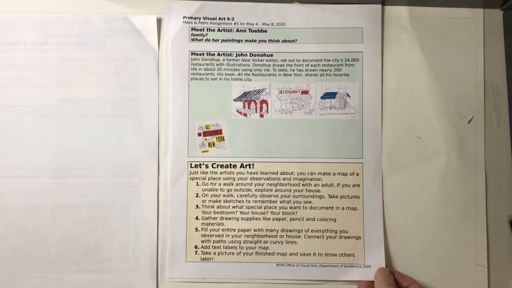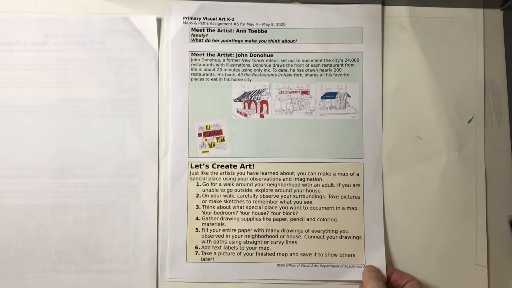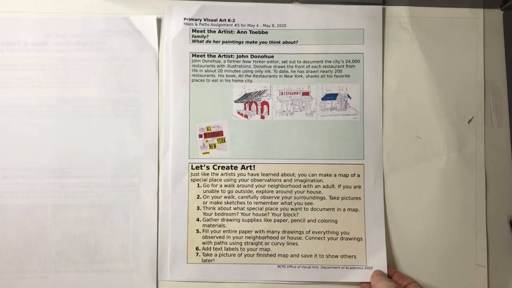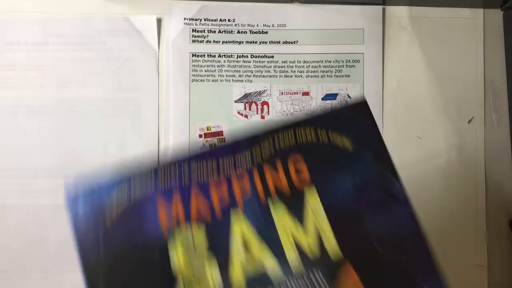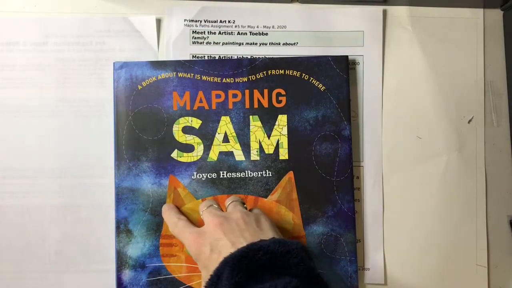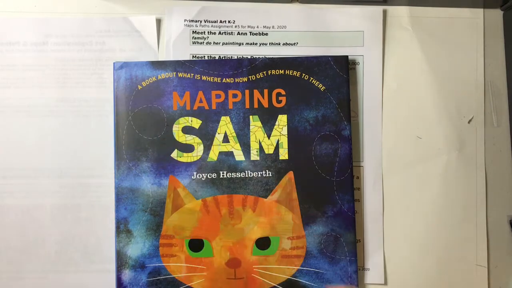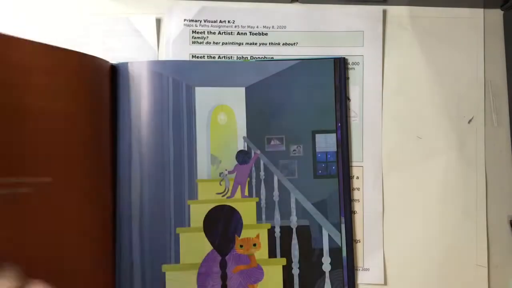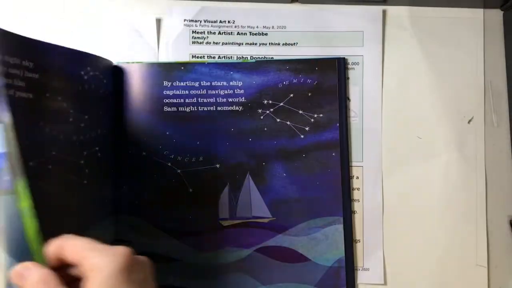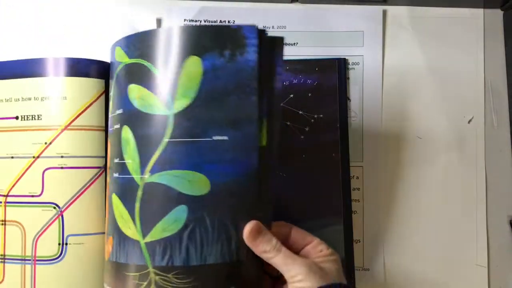Gather your drawing supplies like paper, pencil, and coloring materials, and fill your entire paper with many drawings of everything you observed in your neighborhood or your house. Connect your drawings with paths using straight or curvy lines. So in the book, Sam did this dash, dash, dash line to show, let me see if I can show you now. At the very end, it's a map of everywhere he goes.